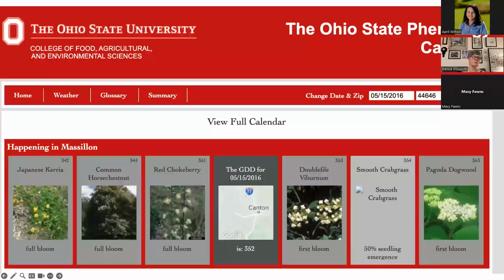Now, I don't have to have these plants close by, but that's what's happening in my region. Anything that's in my neighborhood or in my town or places where the temperatures are about the same, these events are happening. What's after this box is what's about to happen. Double file viburnum coming into first bloom, smooth crabgrass seedlings emerging, etc.